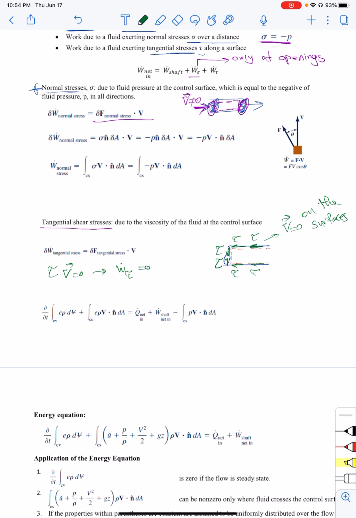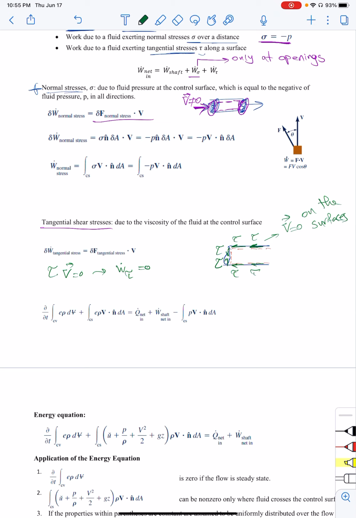And also, if we select the control surface so that it is perpendicular to the flow particle velocity, then the tangential stress force is also perpendicular to the velocity, right? So therefore, the tangential stress work transfer is going to be zero also on that part of the control surface.